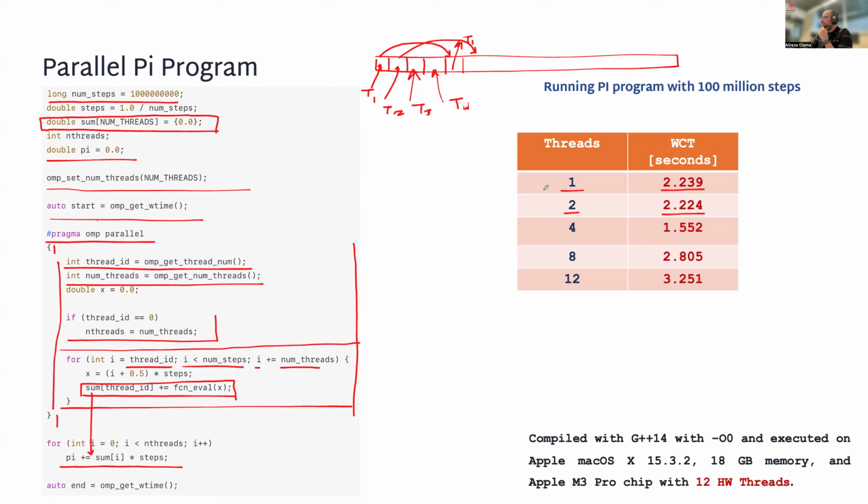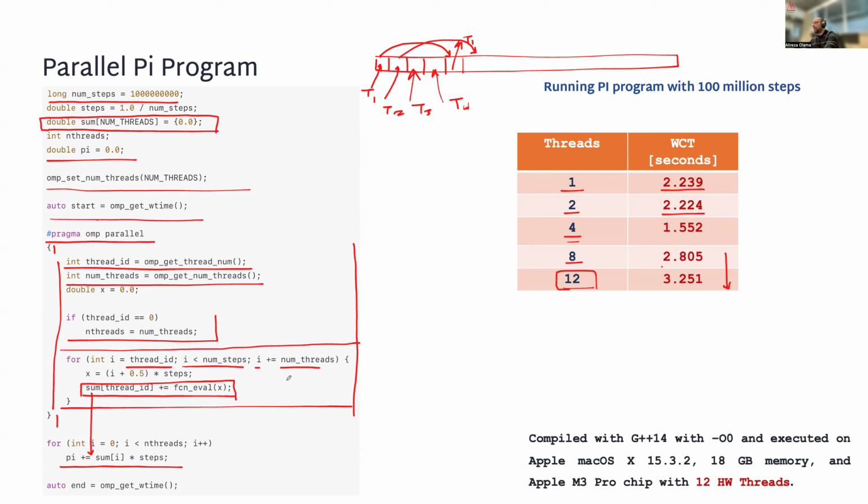But as I increase the number of threads, like after this 4, to 8 and 12, you see that instead of reducing the time that I used for my computation, I'm actually increasing the execution time. What I expect is that if I increase the number of threads, I should get less execution time.